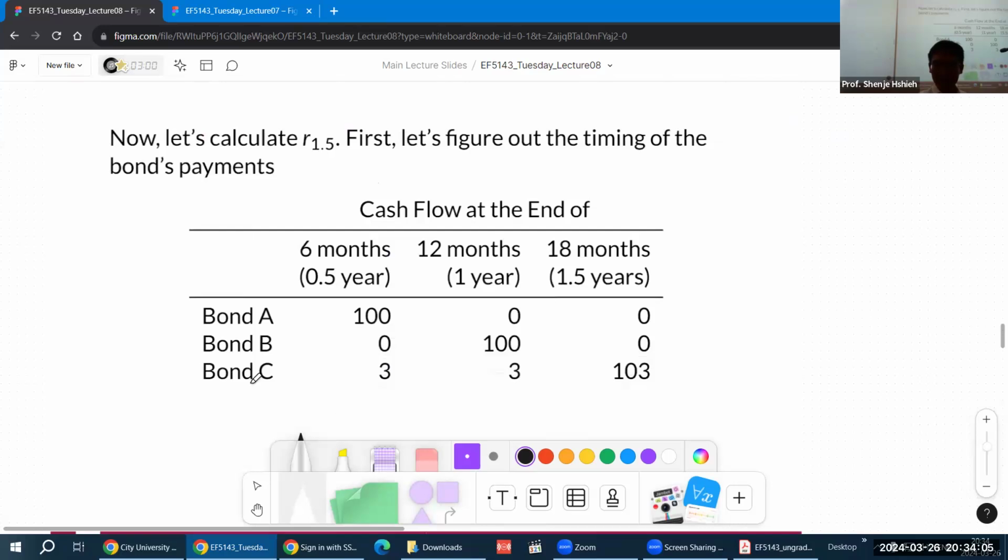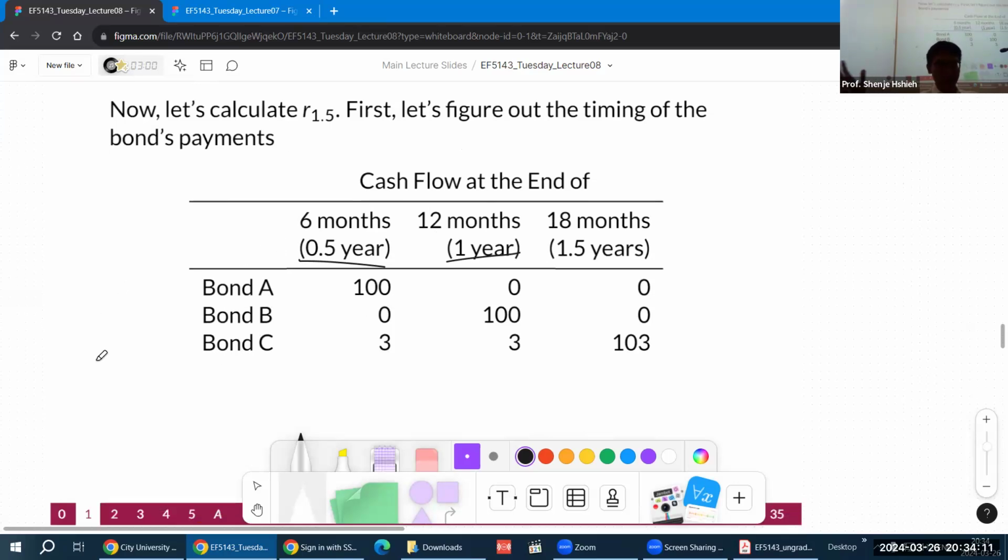R1.5 is a little bit harder because you have to cancel out all bullet payments, so half a year and 1 year. This is the timeline of the bonds, the cash flow timeline. Bond A has 1 bullet payment at 6 months, bond B has 1 bullet payment at 12 months, and bond C has coupon payments 3 times, at 6 months, 12 months, and 18 months, plus par at the end.